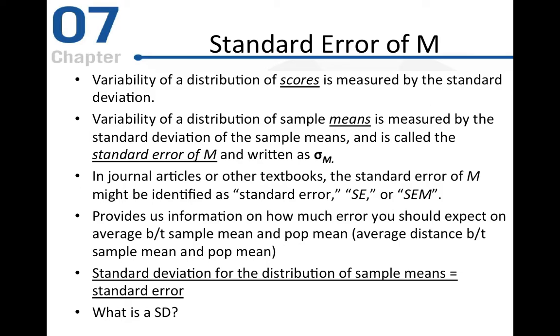If you're told this is a distribution of sample means, you know you're working with standard error, not standard deviation in and of itself, unless you specify it as the standard deviation for the distribution of sample means. That's the standard error. The most accurate and precise way to refer to this concept is in terms of standard error.